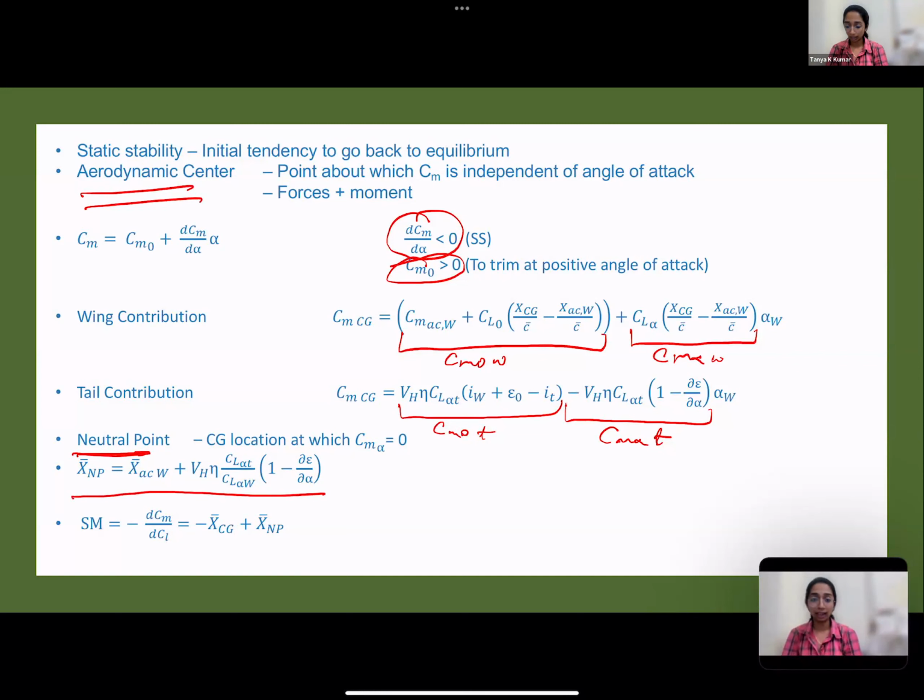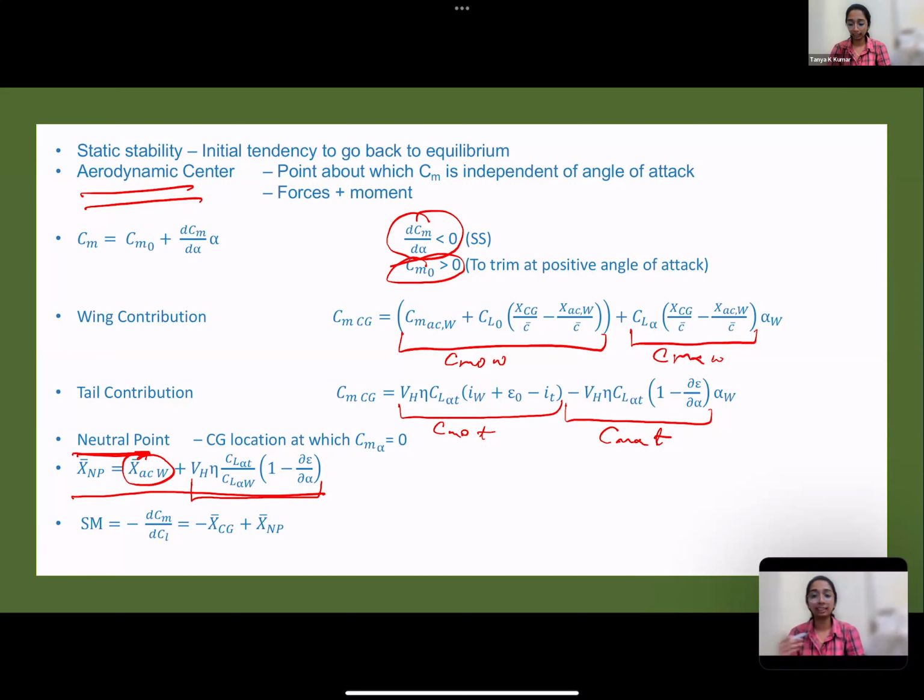Now, let's see this neutral point. The way I used to remember this is X AC of the wing is there. If it was just a wing, your neutral point would be the AC.